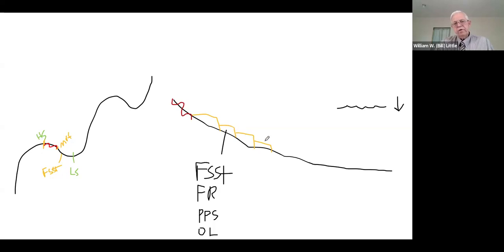And so the pattern that we're going to see out here in the basin is a change from this downstepping progradational pattern to more of a vertical building. And that's going to continue until we've got a little point here that's called the maximum rate of rise. And it's going to be bound on each side.